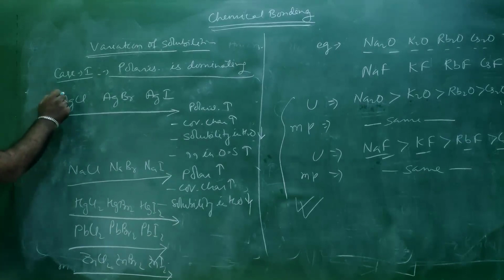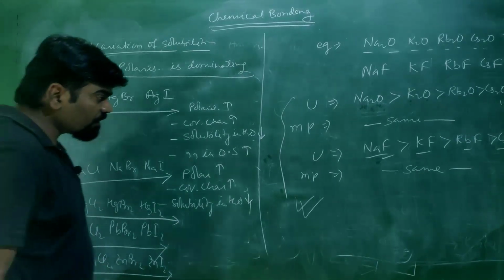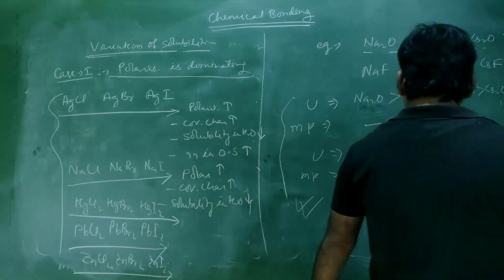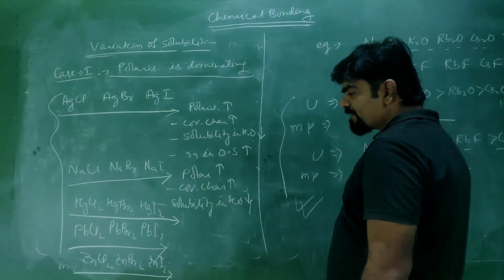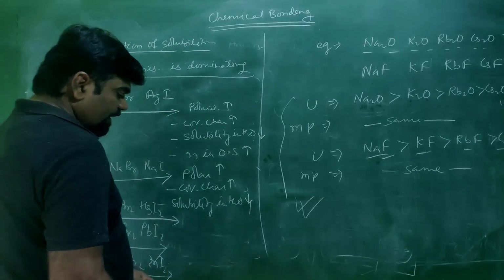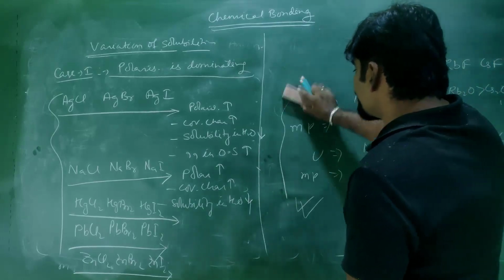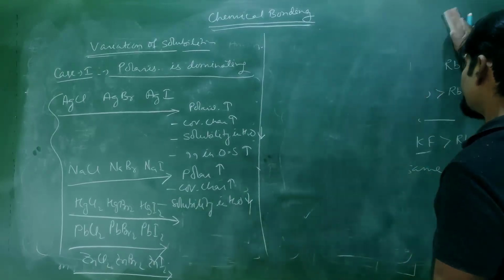So in all these cases, polarization is the dominating factor. When polarization is dominant, lattice energy has no role in explaining their solubilities, and solubility in water decreases with increase in polarization.